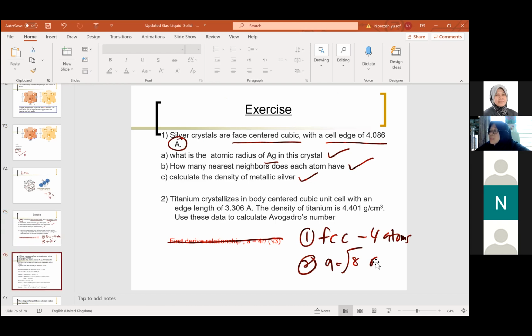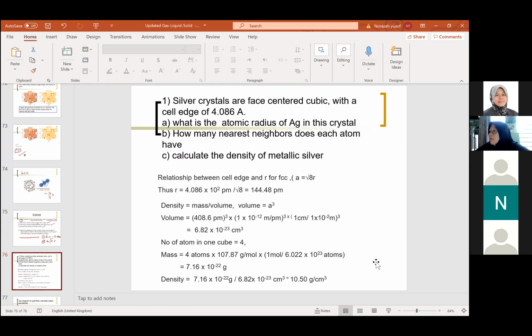If you look at the answer, these are given to you. What is the atomic radius? You are not given the radius, you are given the cell edge length.